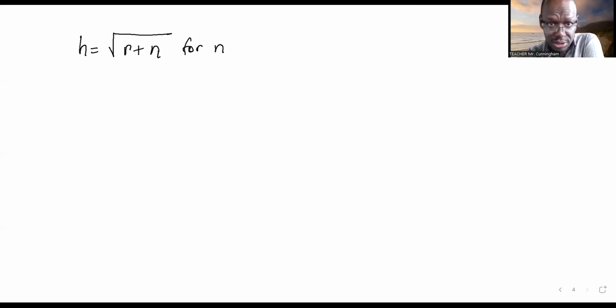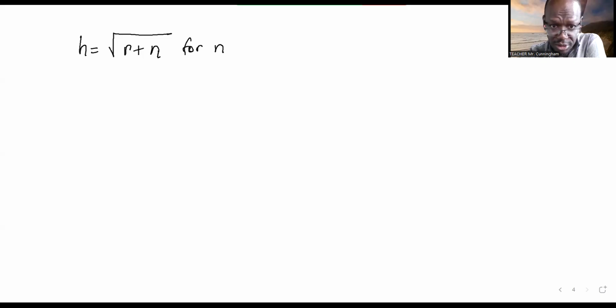So we have h equal to the square root of everything, which is r plus n. We find them for n. And whose is this? Jada. Let's see.